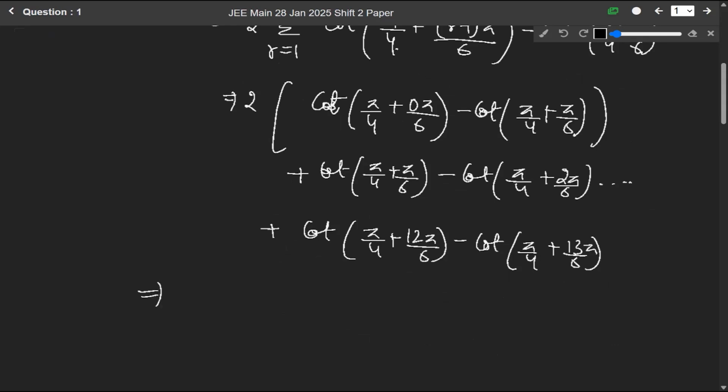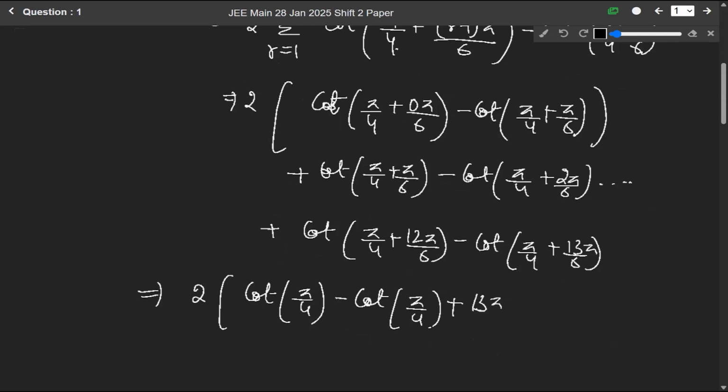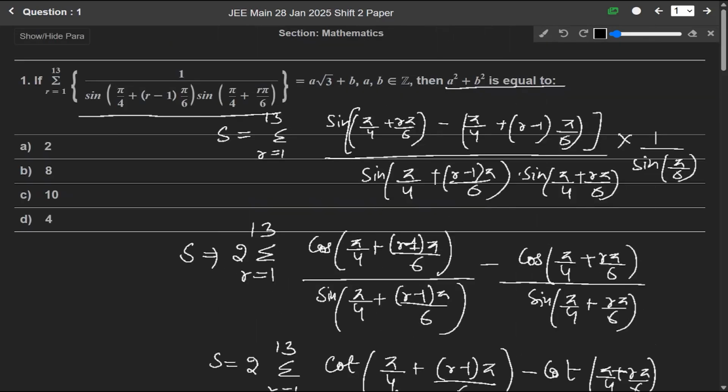When we add them, we get 2 times cot(pi/4) minus cot(pi/4 + 13pi/6). It will be equal to 2 times (1 minus (root 3 minus 1)), so our answer is 2 root 3 minus 2.